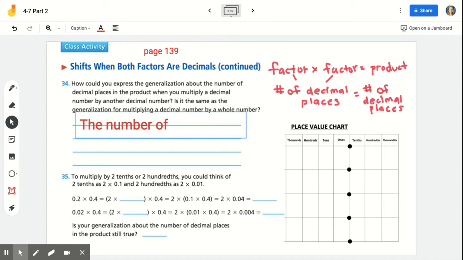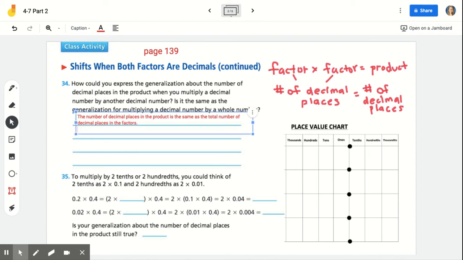The number of decimal places in the product is the same as the total number of decimal places in the factors.